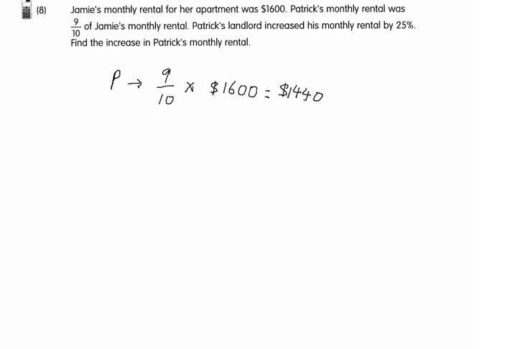Now, the landlord decided to increase his monthly rental by 25%. So if you consider this as 100 units, that means his usual rental is 100 units.